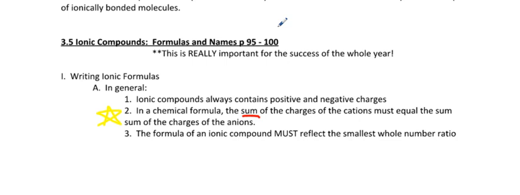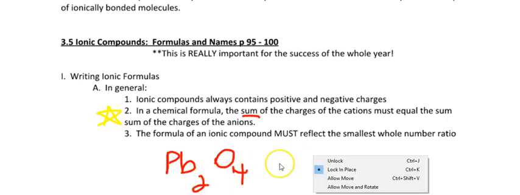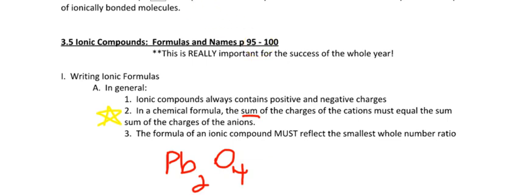Also, the formula of an ionic compound must reflect the smallest whole number ratio. So if you have something like Pb2O4, that is not a small whole number ratio. So what would the formula be instead of Pb2O4? What can you reduce these numbers to? PbO2.